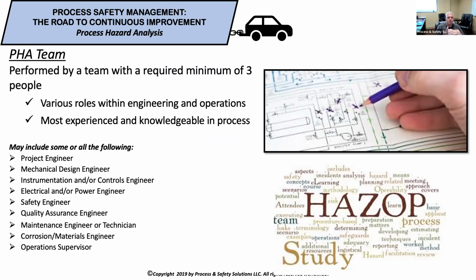Being involved in a PHA should not be a form of punishment. It should be an area of prestige, an honor to be on those teams, because you have very good knowledge of that process, and you can bring a lot to that exercise to reduce and mitigate risk of your processes.